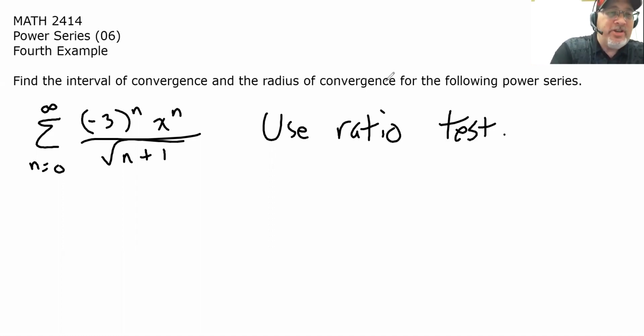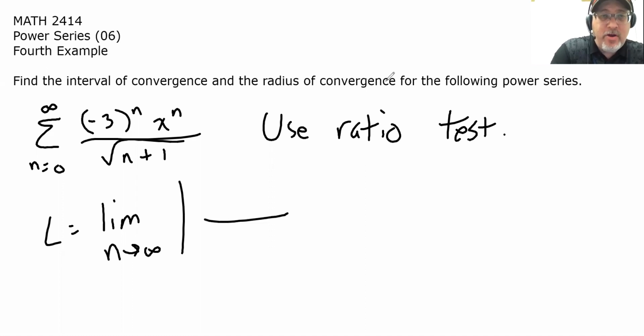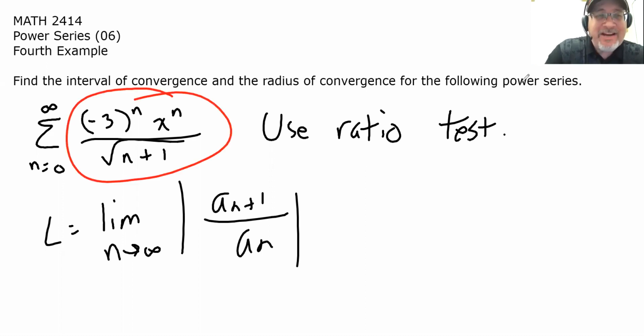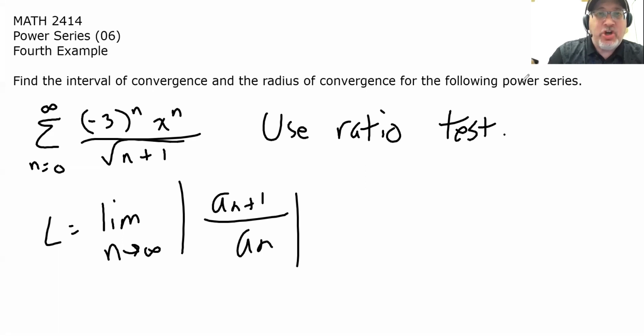All right, using the ratio test, we're going to set up the limit as n approaches infinity of the absolute value of the ratio of consecutive terms. So the next term over the current term. But just like I mentioned before, when your terms are ratios already, fractions if you will, then it's actually easier to set up the next term times the reciprocal of the current term.